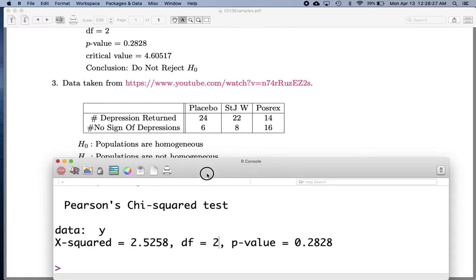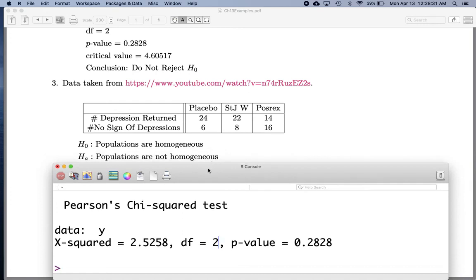Oftentimes this is the test that gets used very frequently, if you want to figure out whether 2 data sets are different or not. This test for homogeneity is used very frequently. This is the chi-squared test that gets used a lot in biology.